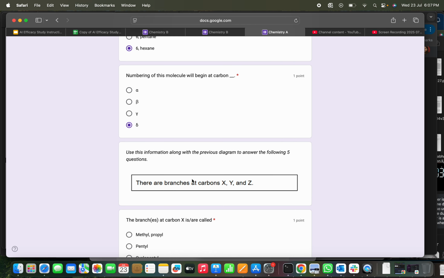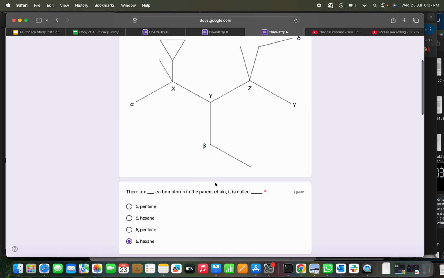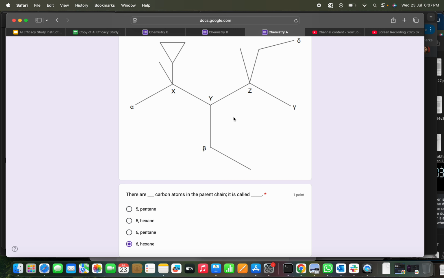Use this information. Answer the 5 questions. The branches at carbon X are called... One is methyl. One is C. There's CH2 already. There's CH already there. There are 2 bonds in one. So CH, and this has a single bond.